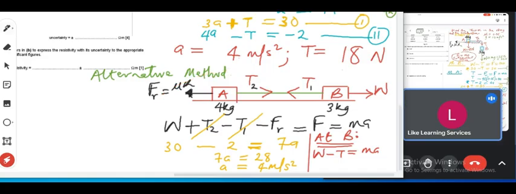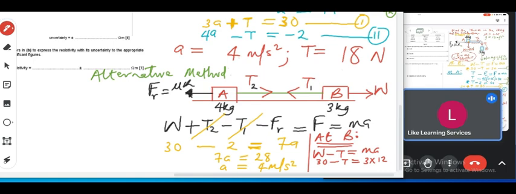So W is 30 minus T is equal to mass 3. We've already found A to be 4. So 3 times 4, which is 12. Do you get it? Yes. Just substituting to get T. So 30 minus T is equal to 12.